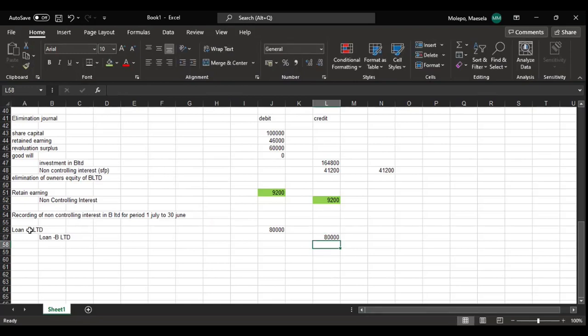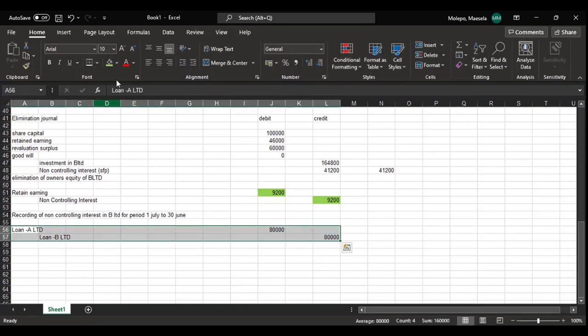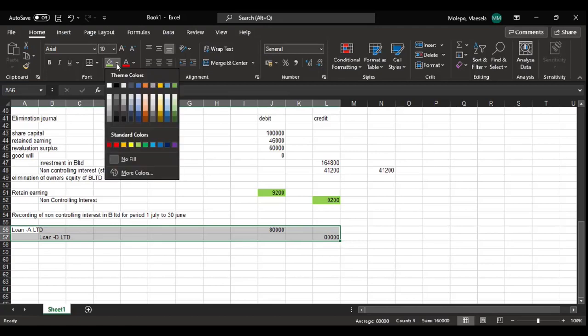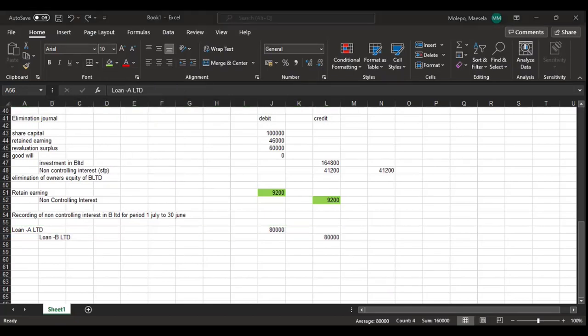Are we happy with this journal? We happy? Silence means consent. Then we go to another journal if there is any. We don't have any bills payable, so it means we are done.